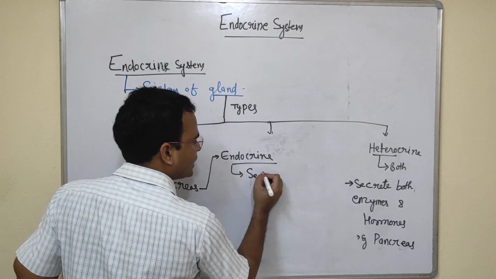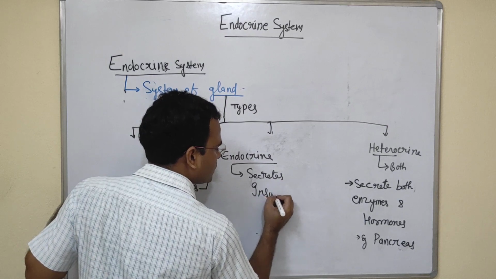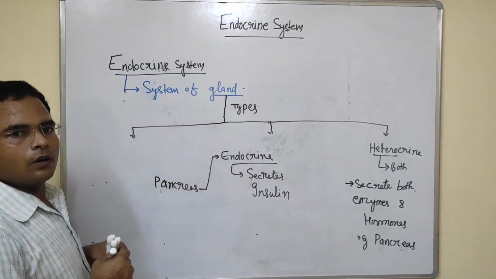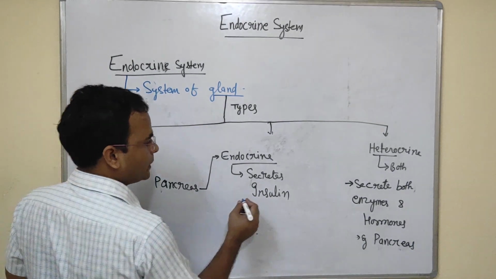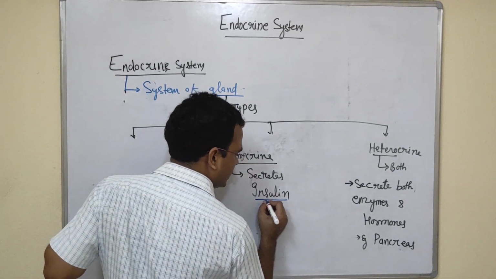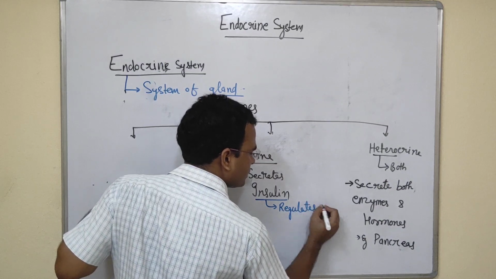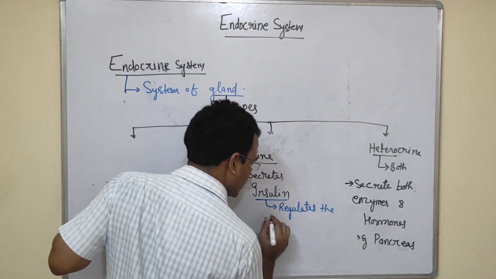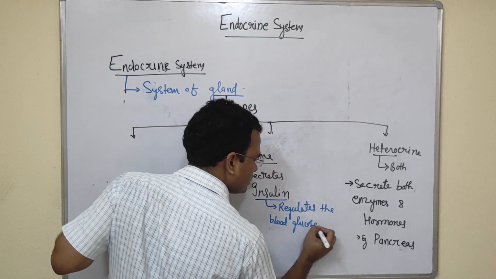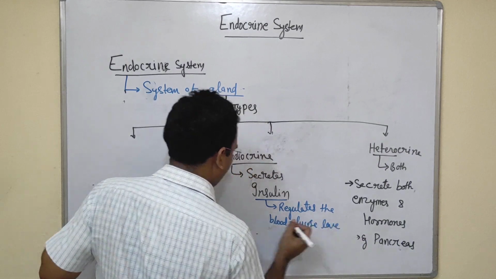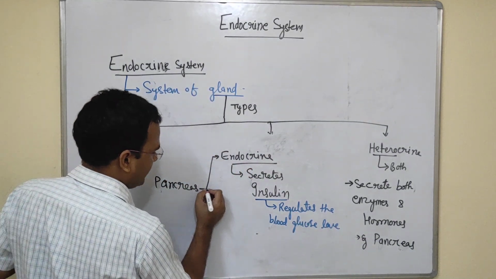Insulin is a hormone which is responsible for balancing glucose metabolism. This insulin regulates the blood glucose level. Now the exocrine portion of this pancreas.